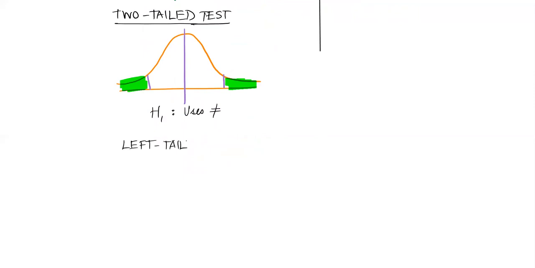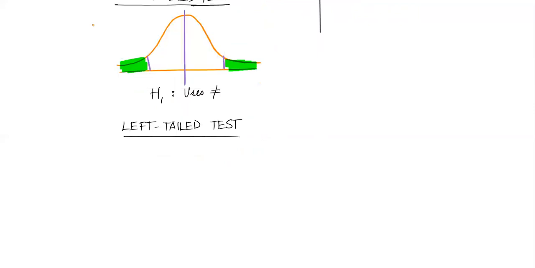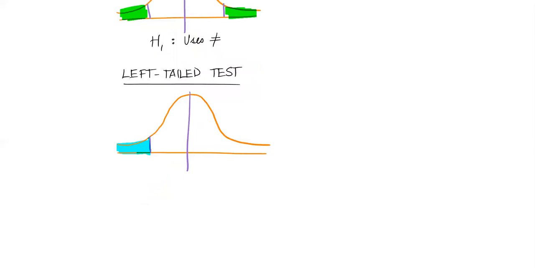Left-tailed test. We'll use this when you're only shading the left tail. Still your mean. And then this is the region that you're shading. And that would be when your H1 uses the less than symbol.